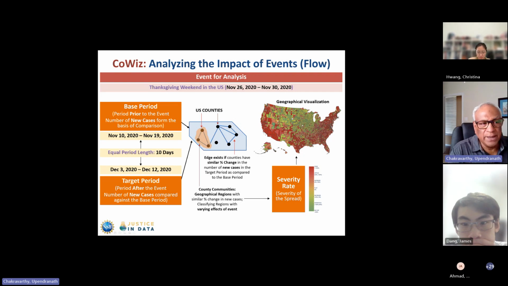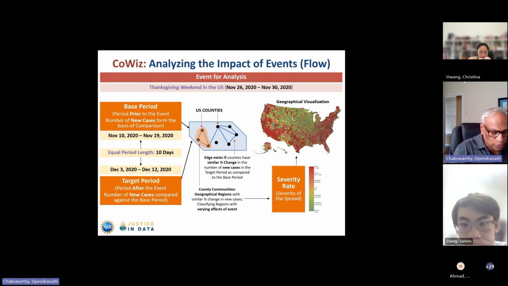It may depend on the population, or on the kind of restrictions that particular state or county had in place at that time. So you can correlate to these things in some way. This is the dashboard that we wanted to develop.